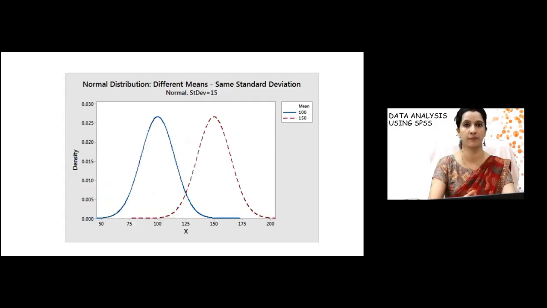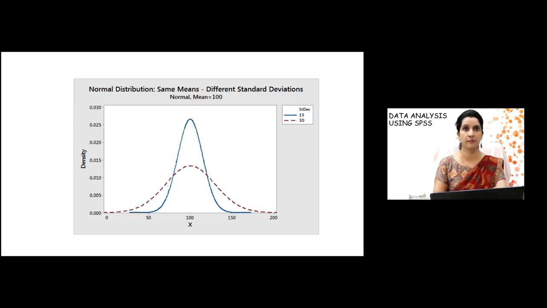Now the second: you can see here that there are two bell-shaped curves, and they have different means, but the standard deviation is the same in both cases. The first mean value is 100 and the second has a mean of 150. So they have different means, but the same standard deviation.